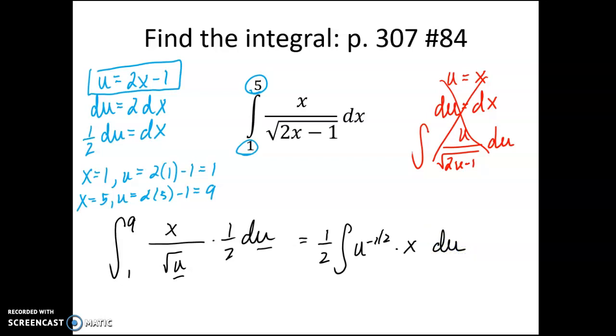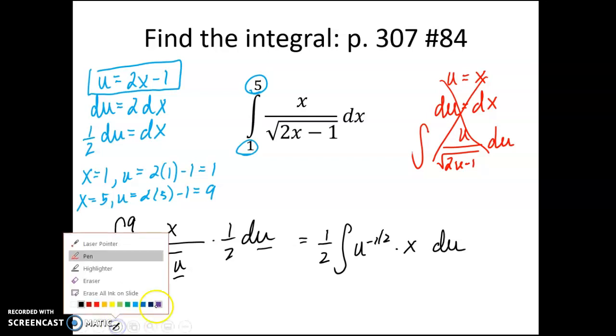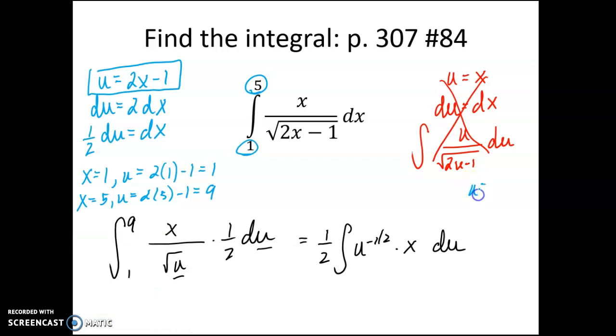When you get a problem like this, go back to the original u substitution and see if that'll help at all. So my original u substitution, 2x minus 1. Solving for x, I'm going to add 1 and divide by 2. Now, it's not to say that you can just stop here.